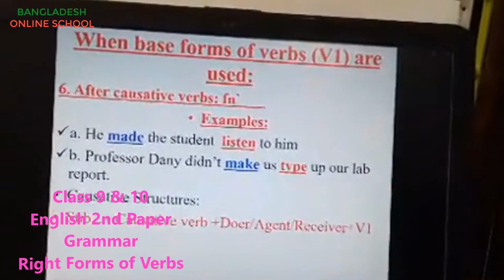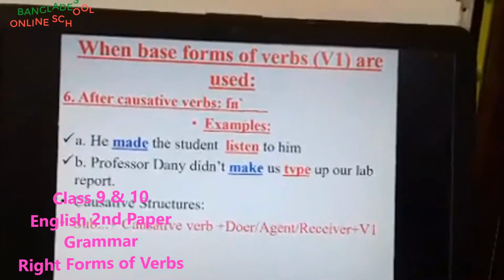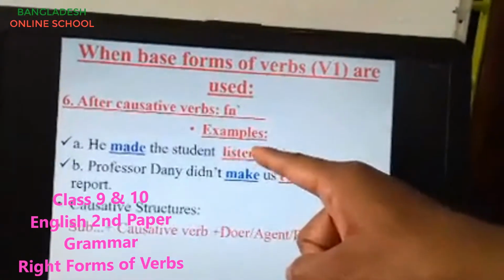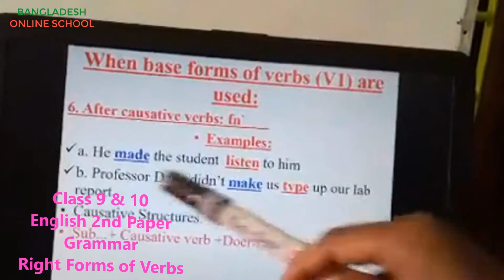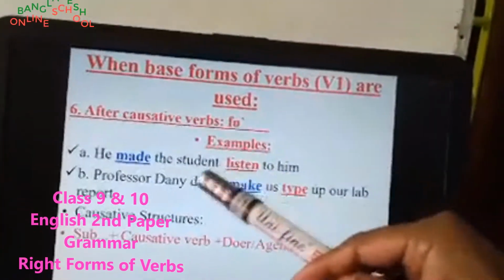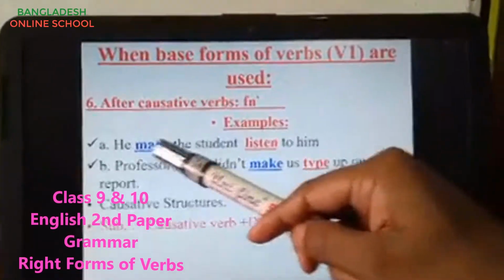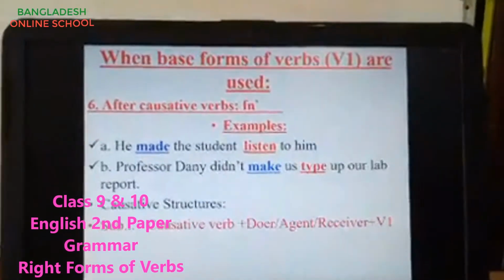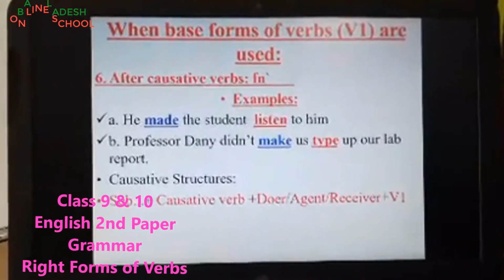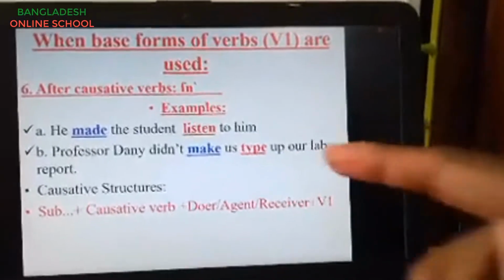In the first example, you see he made the student listen. Here made is causative verb. After made, the doer is students. So when make, get, have are used as causative verbs, after this verb a doer or agent or receiver must be there.